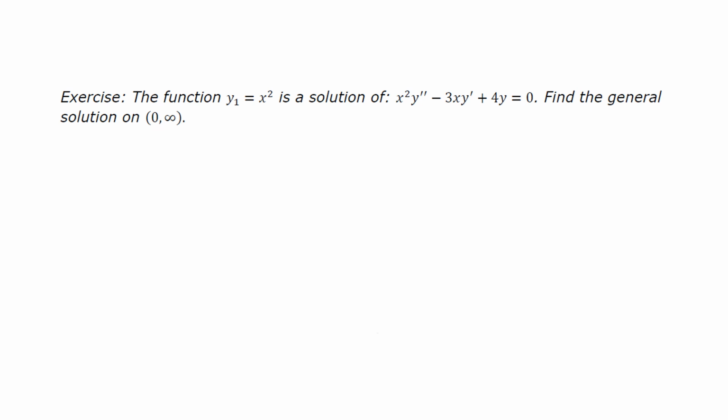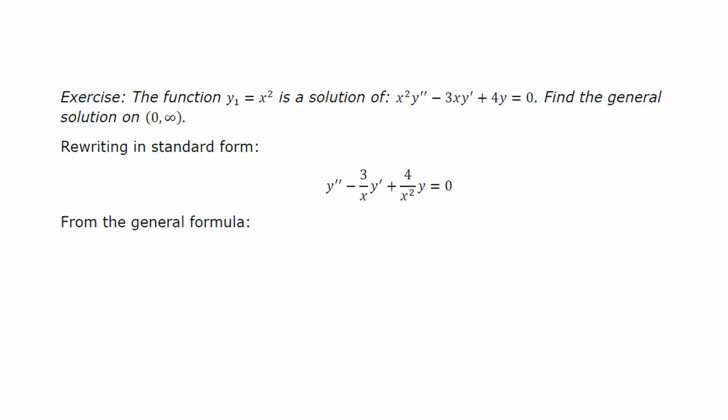So the first thing we're going to do, we're going to rewrite this in standard form. So that means we'll be dividing each term by x squared. That will give us y double prime minus 3 over x y prime plus 4 over x squared y, which equals 0.